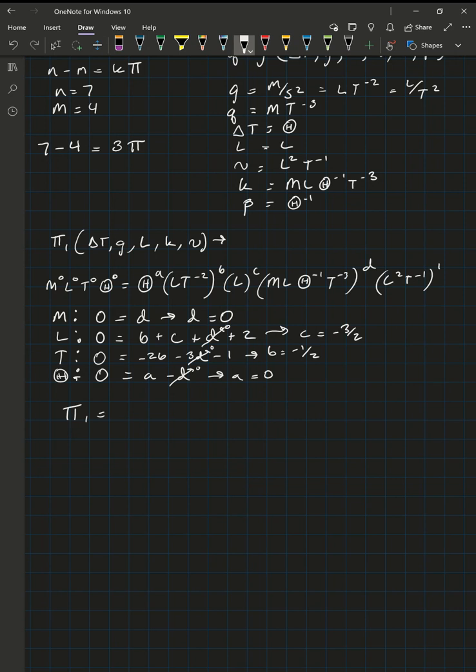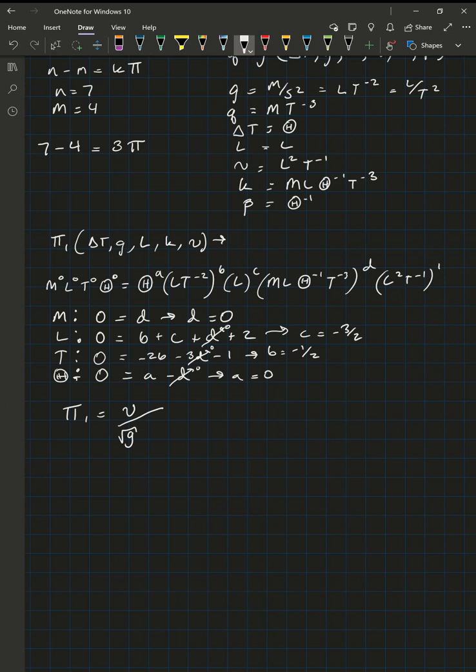So pi 1 is going to be equal to, well, I still have the kinematic viscosity, which is this term here, raised to the power of 1. So I have kinematic viscosity all over, well, we have B, which is gravity, raised to the negative 1/2. So that goes on the bottom, and I'm just going to represent it by the square root sign.